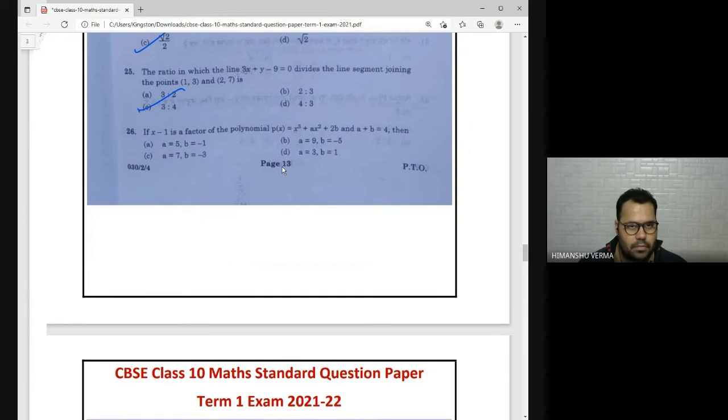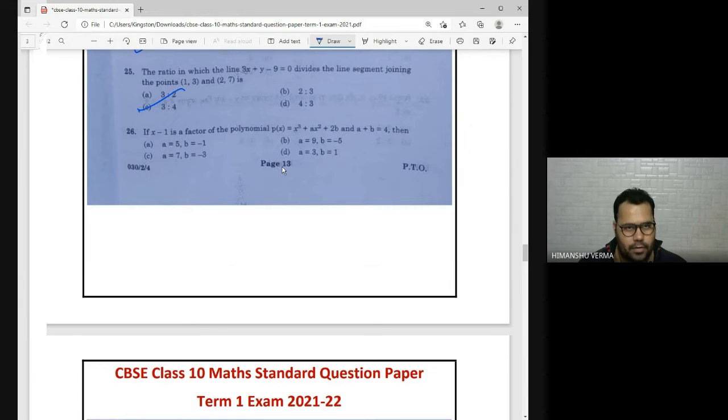x minus 1 is the factor and then a plus b. So I have to find the value of a and b. Yes. So put x equals 1: 1 cube plus a plus 2b is equal to 0. So a plus 2b equals minus 1 and a plus b equals 4.